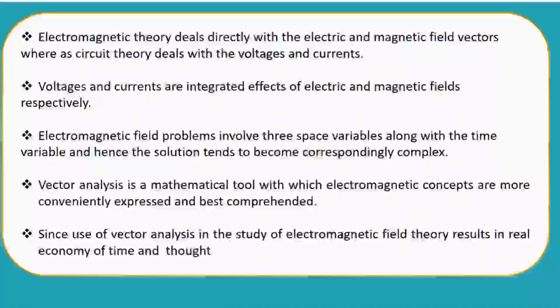Electromagnetic field problems involve three space variables along with a time variable, hence the solution tends to become correspondingly complex. So the vector method is applied so that these electromagnetic concepts are more conventionally expressed and best comprehended. Since we can use vector analysis in the study of electromagnetic field theory, we get the result with a real economy of time and thought.